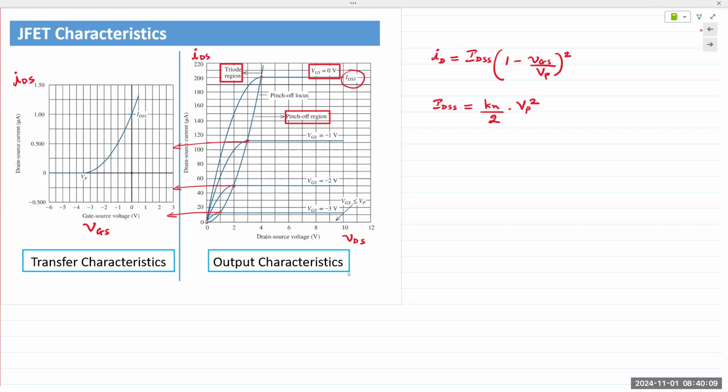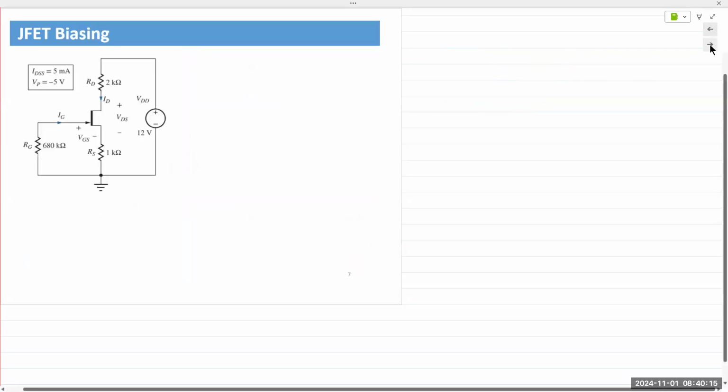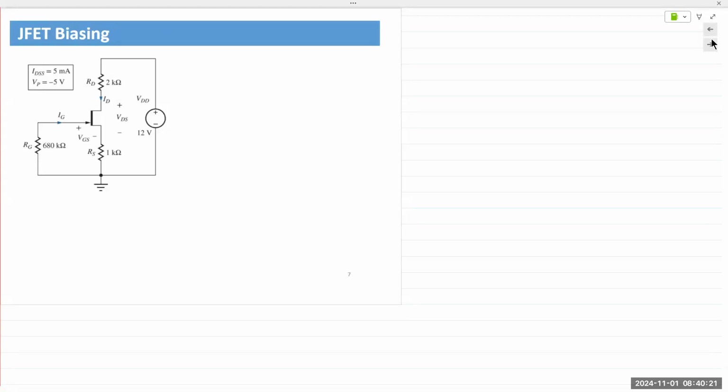So let's look at an example where we can use a JFET in a circuit, and we are asked to find the Q point, or the operating point, for the JFET in the circuit. Typical JFETs are biased with a resistor at the drain, a resistor at the source, and a resistor at the gate.